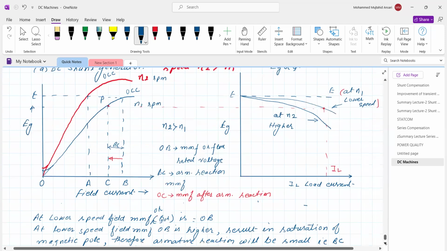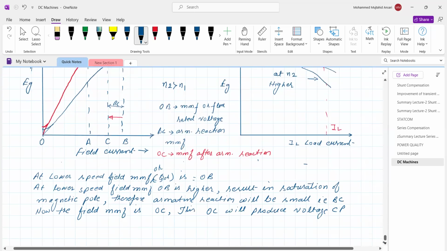Now at higher speed, the field MMF is how much?